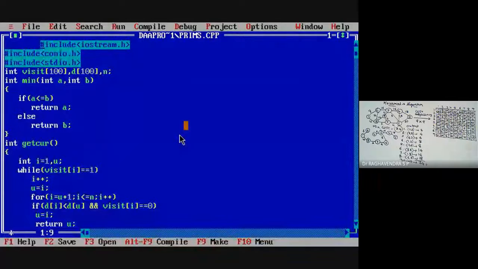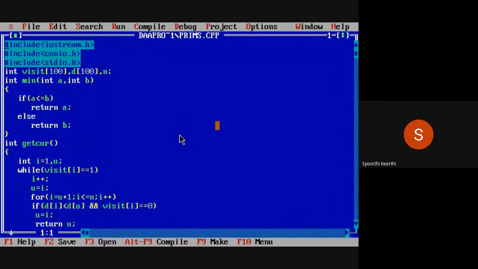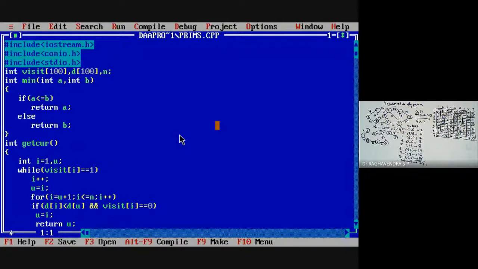Dear students, can you see the C++ CPP editor? Yes, sir. It is visible. Okay, so this is the Prim's algorithm now. I am going to execute this.